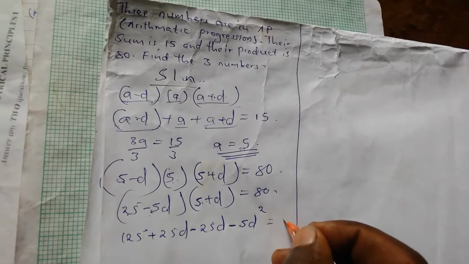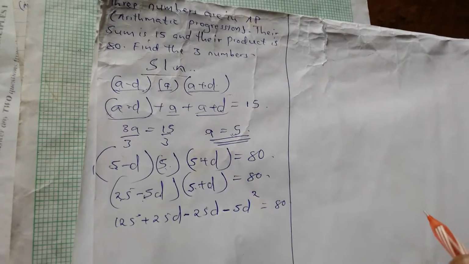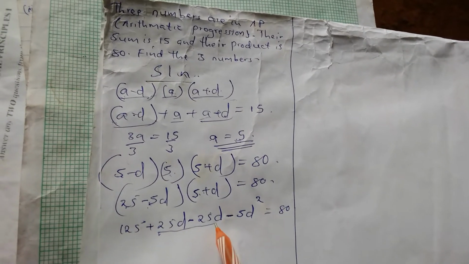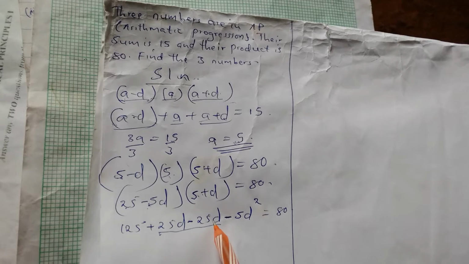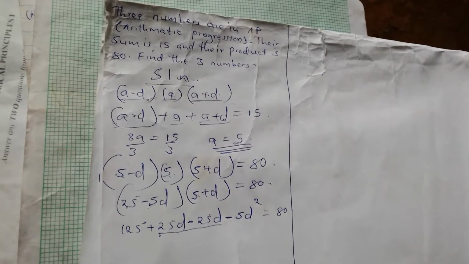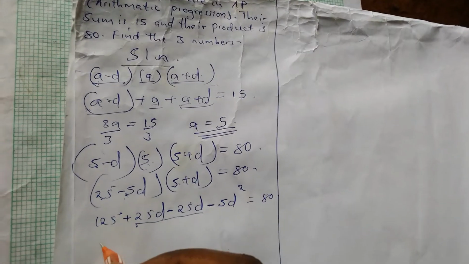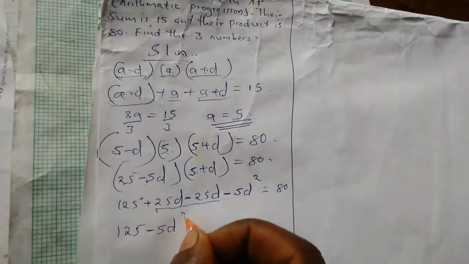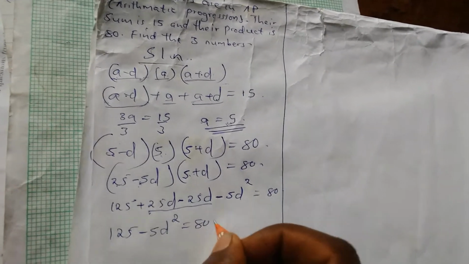Then is equals to 80. Then collect the like terms together. This is 25D minus 25D is done. You get 0. So you are going to remain with 125 minus 5D squared is equals to 80.